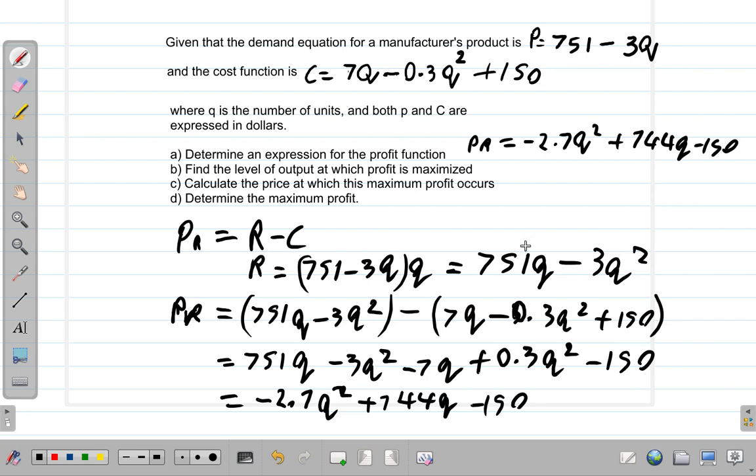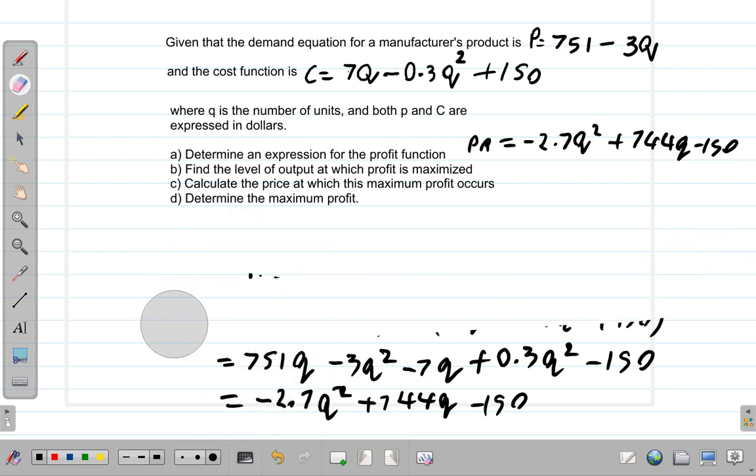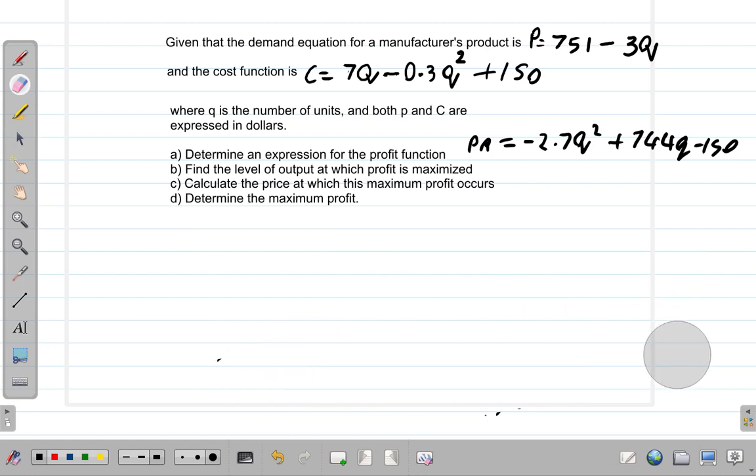Next, find the level of output at which profit is maximized. Let's erase some of these things so that we have more space. Here you can see that this is a quadratic equation in Q, and the coefficient of Q squared is negative.